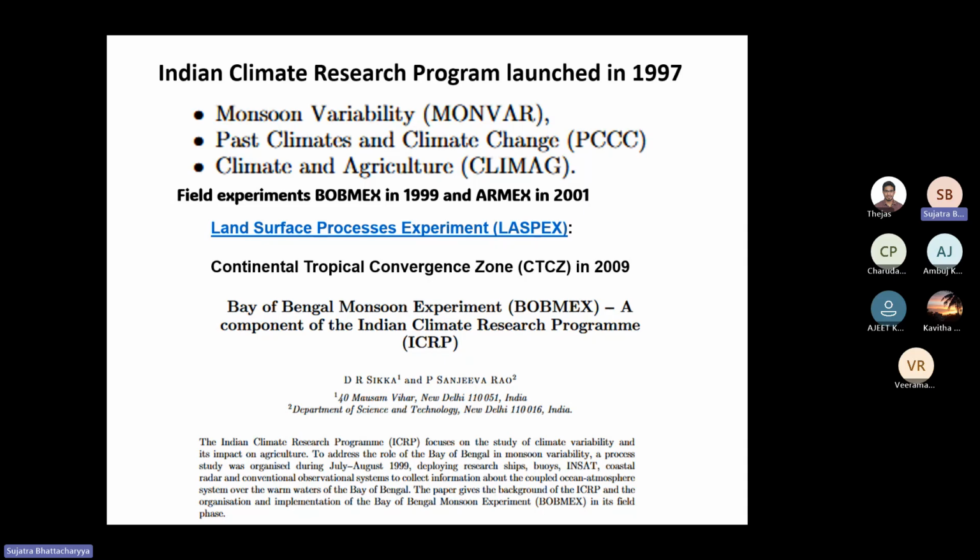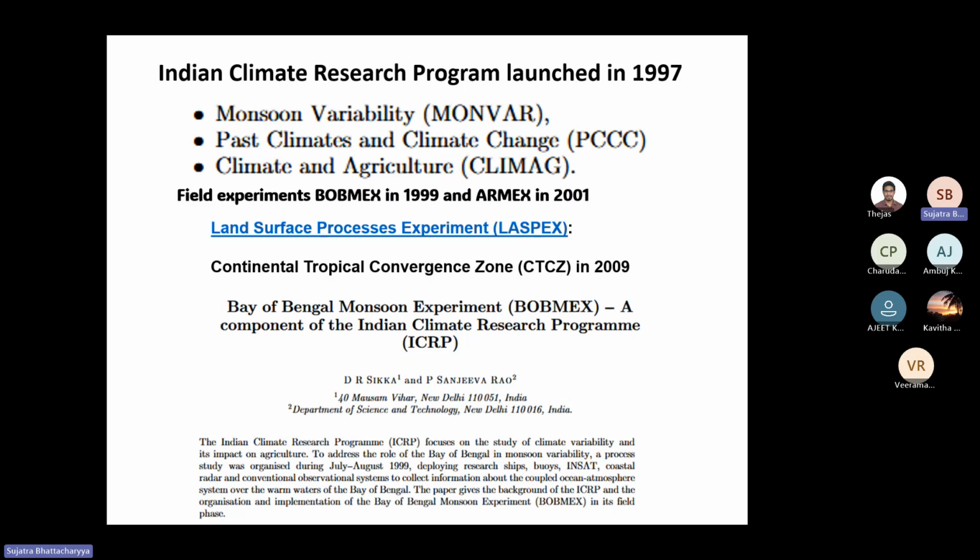So this program was a big boost. Once this document came out and DHA was convinced that there was a need to fund research on climate, money started coming in. And for the first time, India planned an observational program. Before that, India was involved in collaboration with other countries. The most well-known program was the international MONEX, because we didn't have ships, we didn't have anything. So our scientists participated, but the real leadership came from somewhere else.